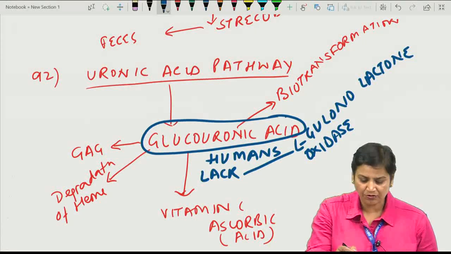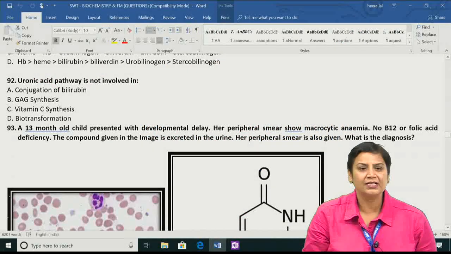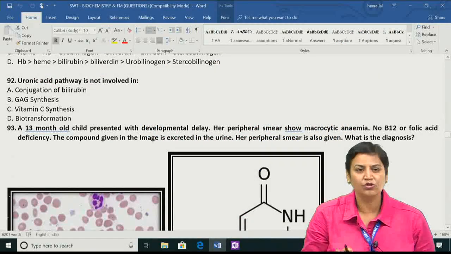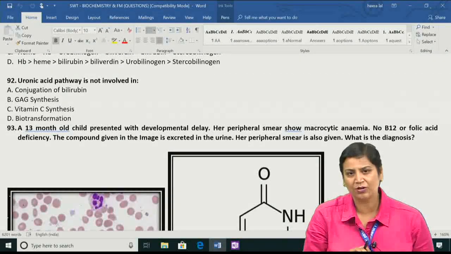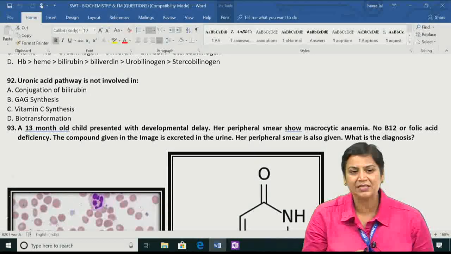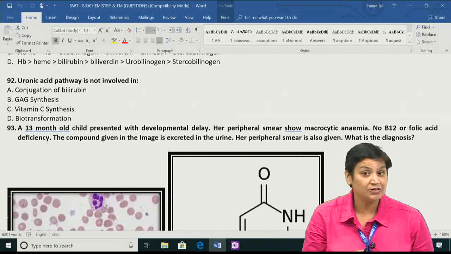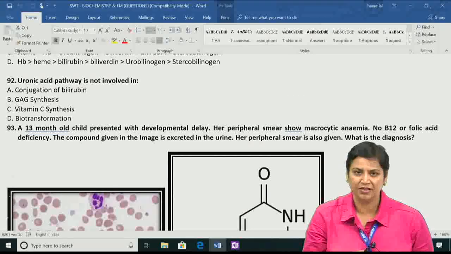Now let's look at the options. Uronic acid pathway is not involved in conjugation of bilirubin? It is involved. Enzyme is glucuronyl transferase. GAGs, glycosaminoglycans or mucopolysaccharides, yes, it is involved. Vitamin C synthesis, no. Why is it not involved in vitamin C synthesis? Due to the deficiency of enzyme L-gulonolactone oxidase.